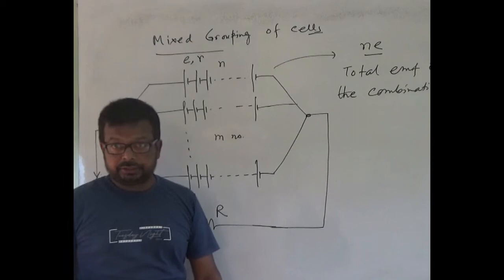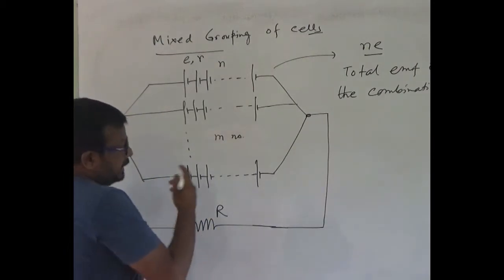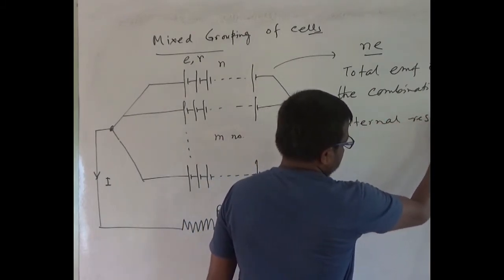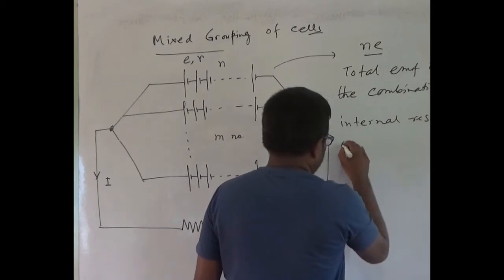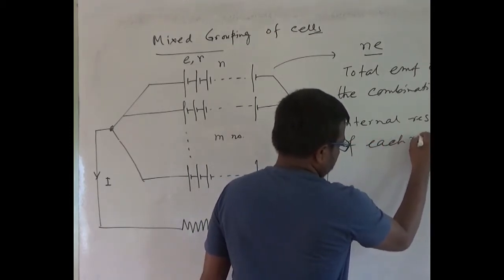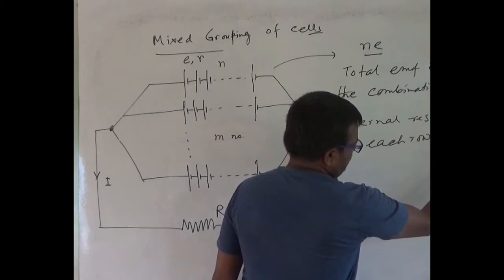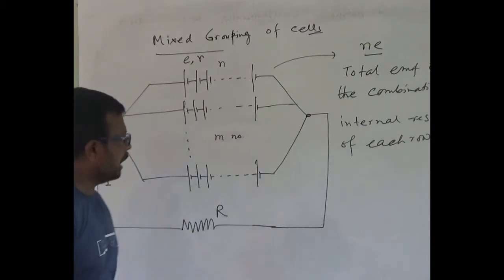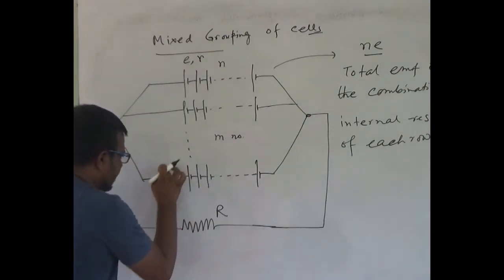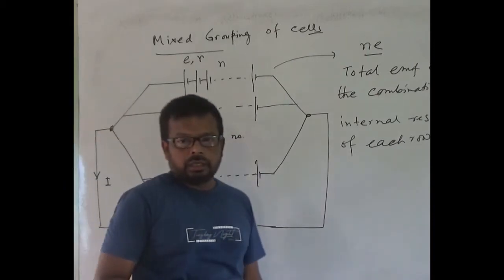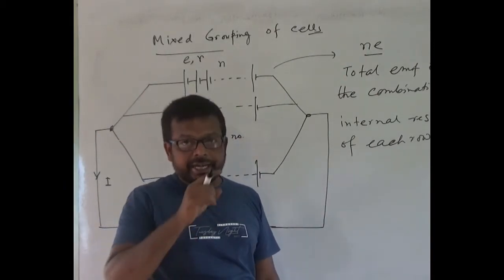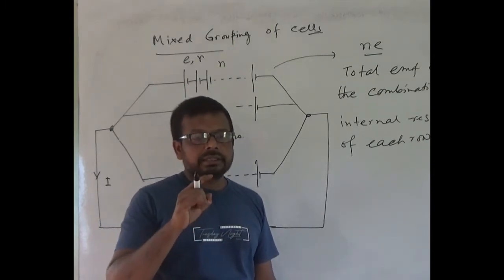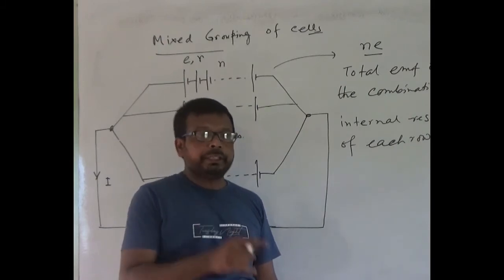Now the internal resistance. Internal resistance of each row will be equal to r plus r plus r dot dot dot n times, that is nr. Now this nr, m number of nr resistances connected in parallel, therefore the total internal resistance of the combination.